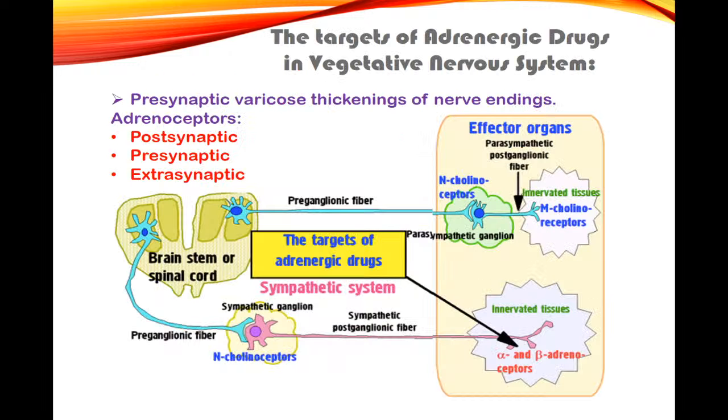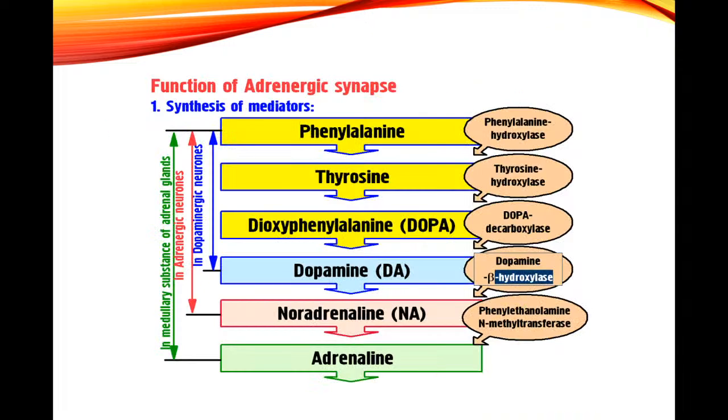First of all, it's necessary to revise the work of adrenergic synapse. Let's compare synthesis. When we discussed cholinergic synapse, I told that acetylcholine is synthesized in one reaction. Choline plus acetic acid gives acetylcholine.